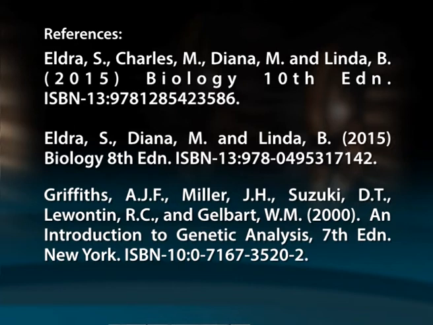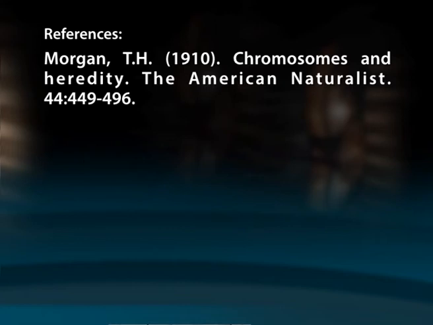The authors are Griffiths, Miller, Suzuki, Lewontin and Gelbart, published in the year 2000 from New York. A fourth reference is with the title Chromosomes and Heredity. It is published in the American Naturalist and the author is Morgan, published in the year 1910. The volume of this publication is 44, pages 449 to 496.